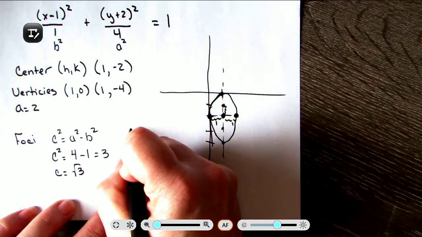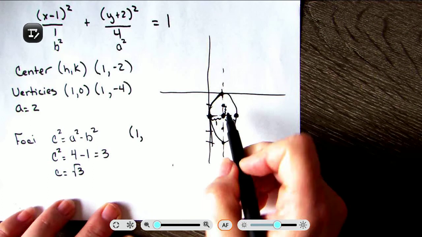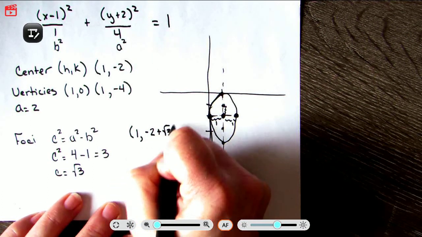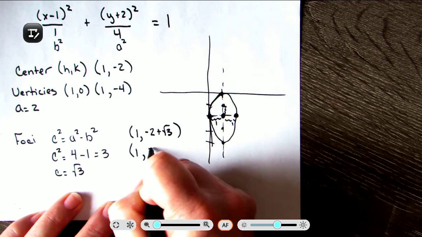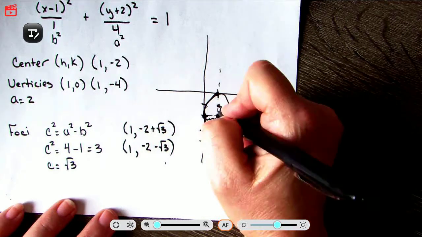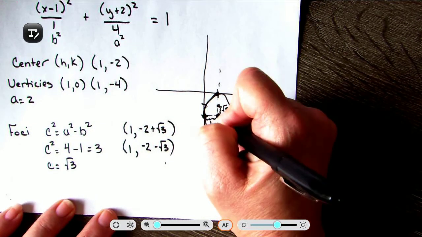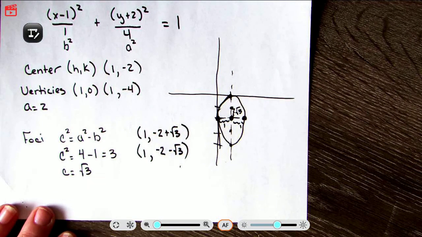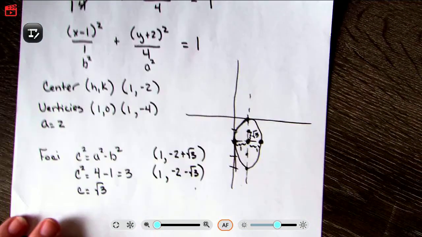So that means my foci are going to be up the square root of 3. So from negative 2 up the square root of 3, and negative 2 down the square root of 3. So there's my little square root of 3 in there. And there's everything we need to know about that ellipse.